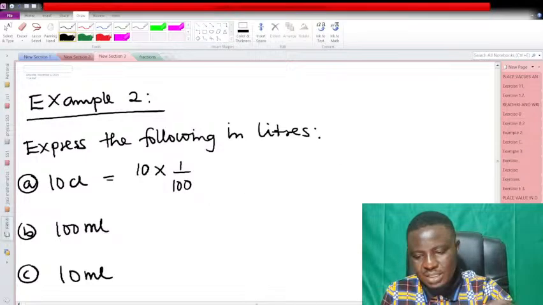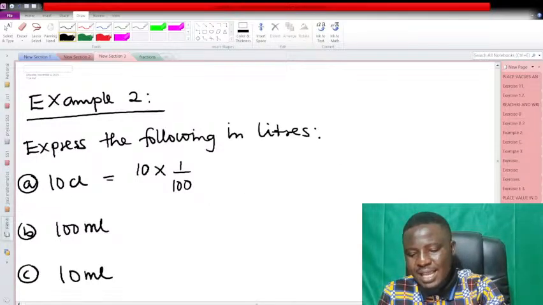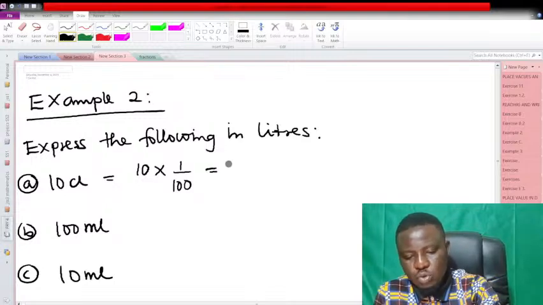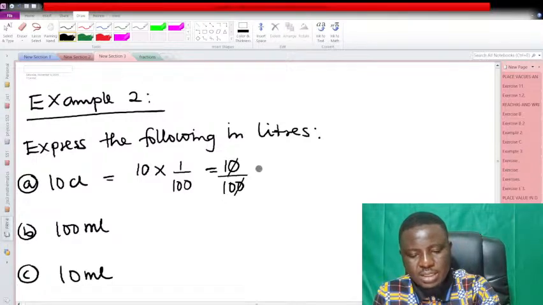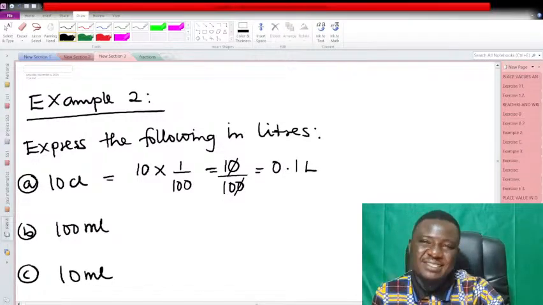So when you are converting, 10 centiliters means 10 times 1 over 100. And what will that be? This is equal to 0, because this gives us 10 divided by 100. And when you do that, this is 0.1 liters.